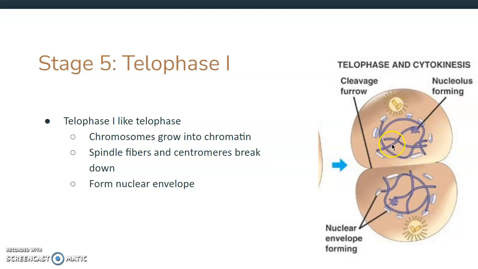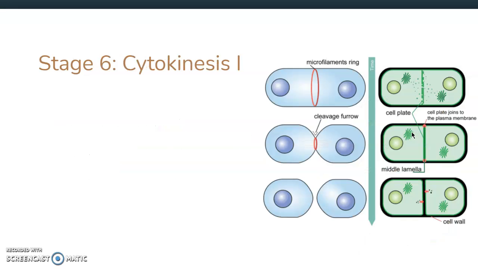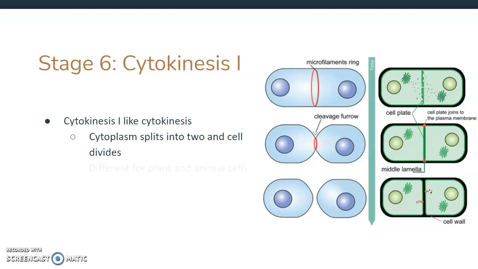That's going to be our nuclear envelope, whereas our chromosomes are starting to look more and more like spaghetti, which is chromatin. Then we have cytokinesis 1, which is like cytokinesis normally in mitosis. It's where our cell divides into 2 separate cells. We mentioned before that it's a little different for plant and animal cells because our plants have a cell wall and our animal cells do not.